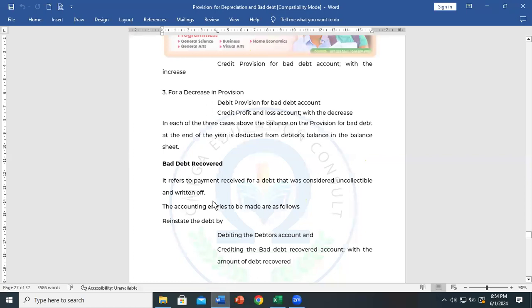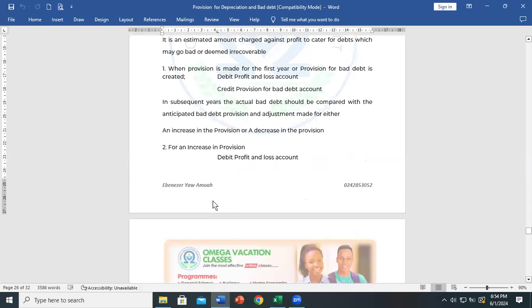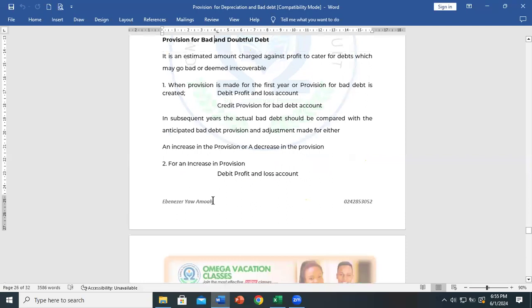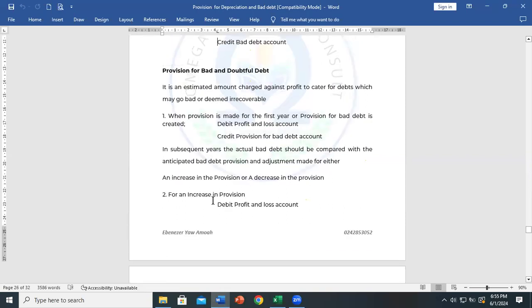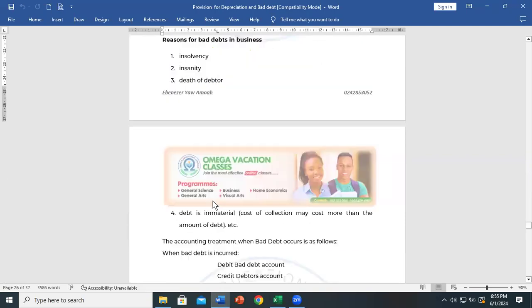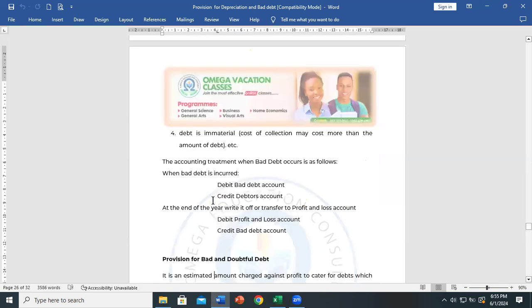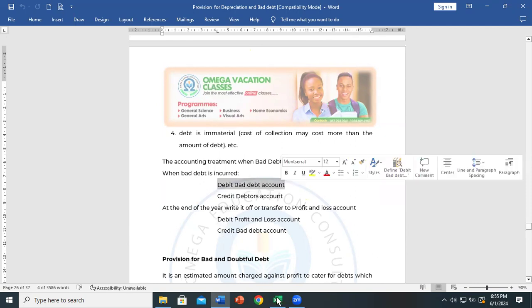So at least I've been able to demonstrate to you how this whole bad debt and bad debt recovery thing is recorded in the books of a business. So please take note of that. Let's begin with the bad debt one. As I demonstrated to you, if bad debt occurs, you debit bad debt and you credit the debtor. So that's what I showed you here.